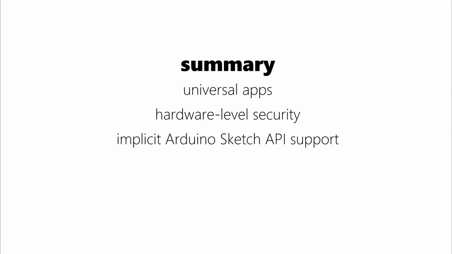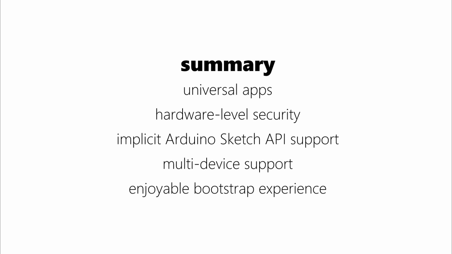We looked at the fact that it will support Arduino sketches out of the box. It will recognize multiple devices. You can install this on a number of different IoT boards. And you have this really enjoyable bootstrapping experience where right out of the box, you can get going, you can do the simple thing, or you can do the complicated IoT application if that's what you're looking for. Perfect. You need to do.